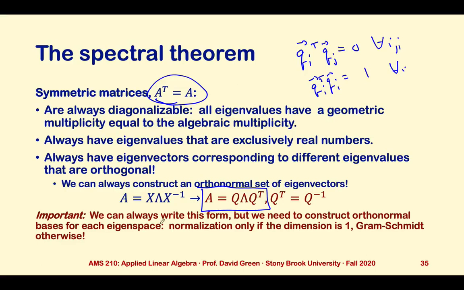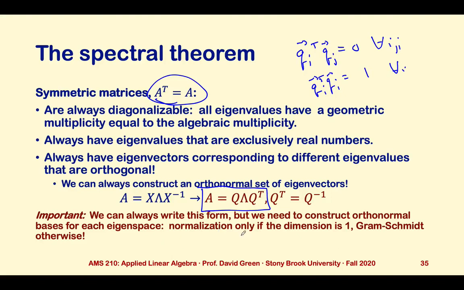Important to note that although we always can write this form, we have to be careful about doing so. We have to make an effort. In order to write this, we need to construct an orthonormal basis for each eigenspace. This often is an easy thing to do when we have eigenvalues that are distinct, that have an algebraic and geometric multiplicity of 1. All this means is we have to divide them by their norm so that we get a vector with a norm of 1.